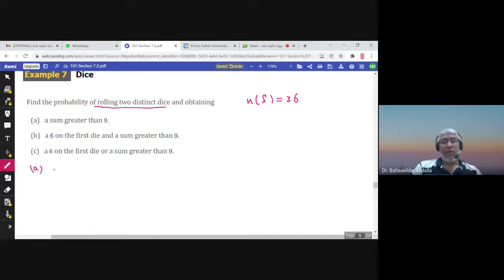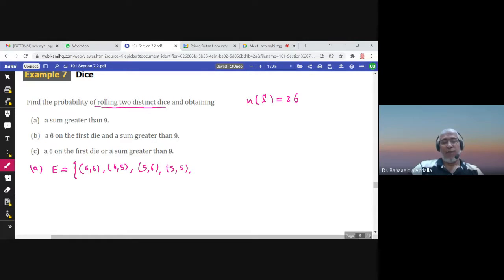Well, let me call it event E, and I need to have all the outcomes with sum greater than 9. So let me start from 6. I have 6, 6, 6, 5, 5, 6, 5, 5.